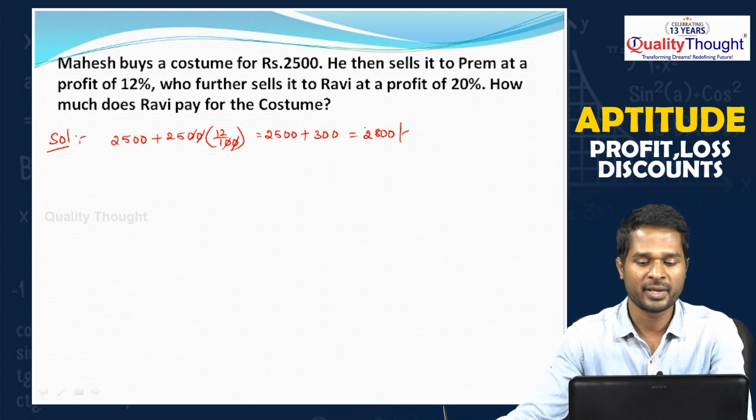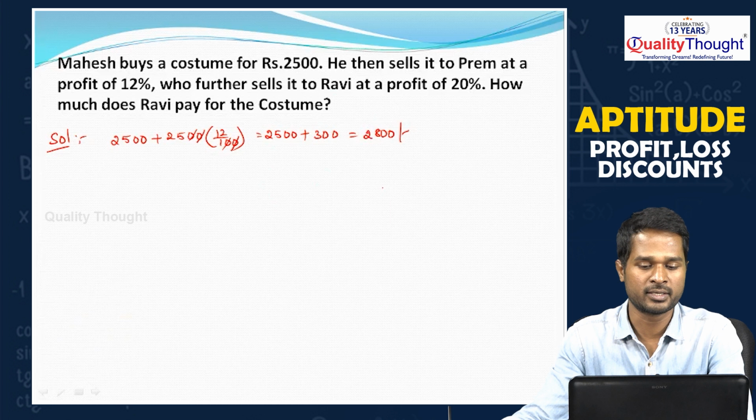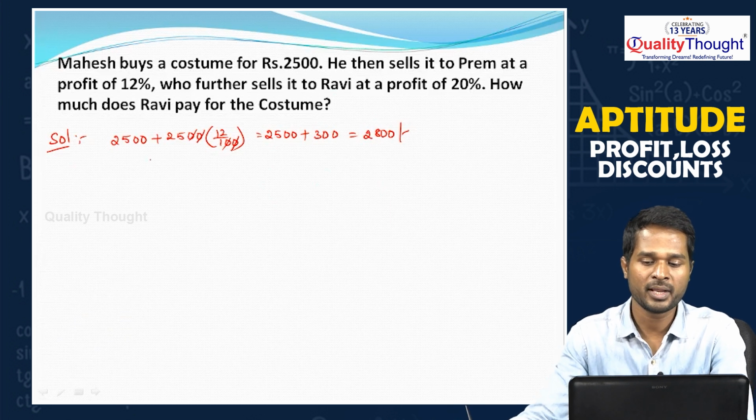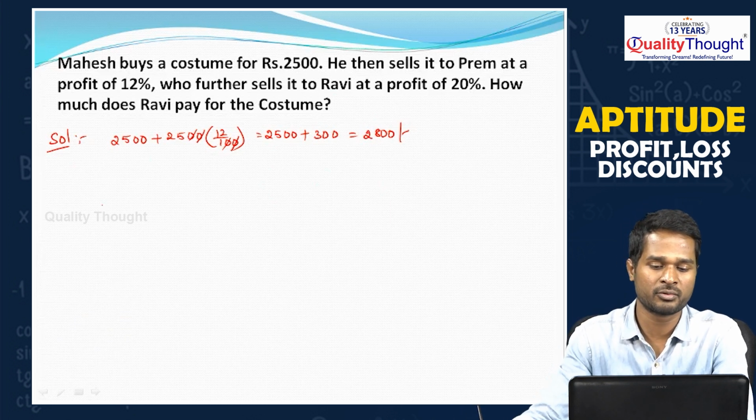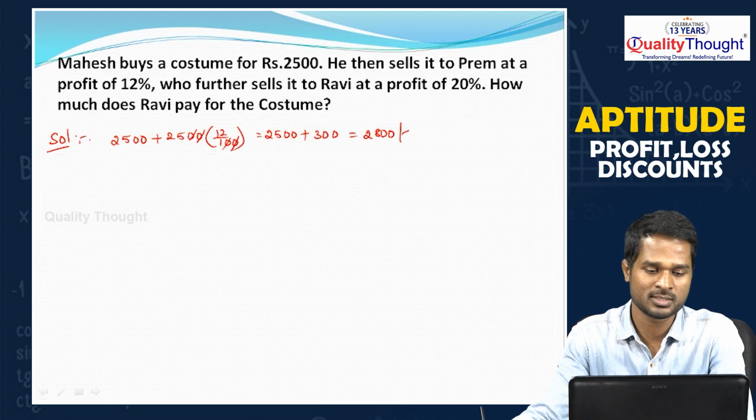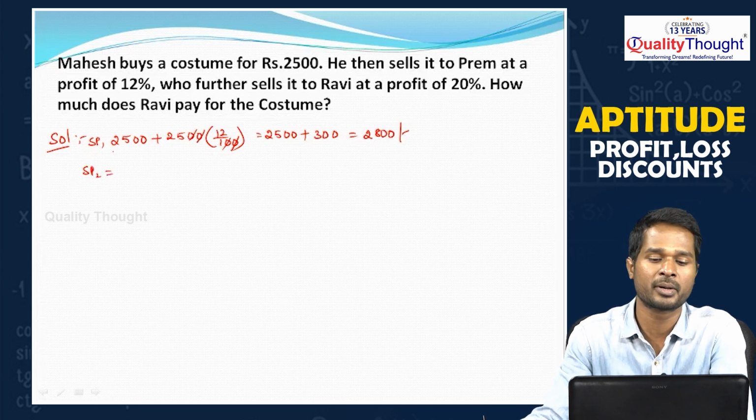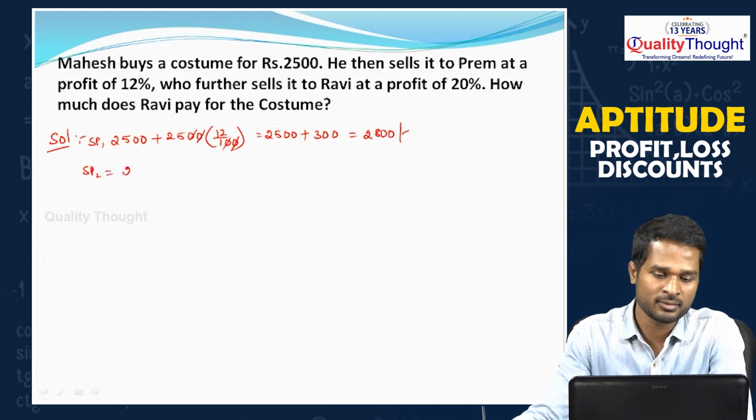Okay. So, Prem purchased it for 2800 rupees. Now, Prem sold it to Ravi at a profit of 20%. So, this is the selling price in the first case, this is the selling price in the second case. That means, at what price Prem sold it to Ravi. So, on this 2800 rupees, there was a profit of 20%.